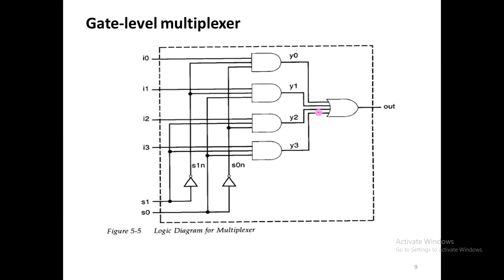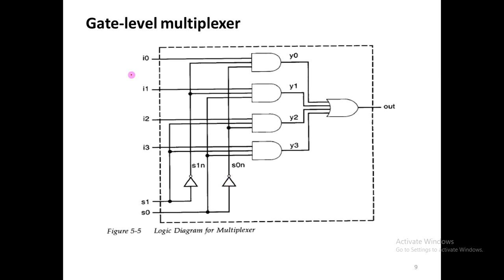So receive all the outputs and feed them as inputs to the 4-input OR gate, and that will give you the output. At the select lines, you need NOT gates to invert them and produce S1N, that is S1 bar, S1 negation you can say. S0 will result in S0N after the output of the inverter. We also call it S0 negation. So this thing we will implement.